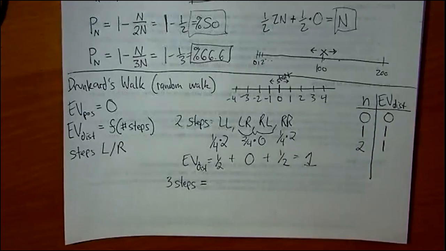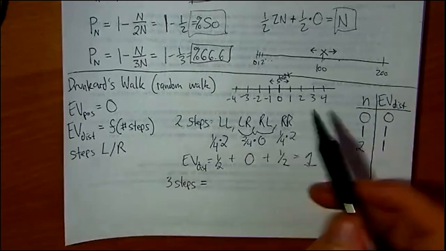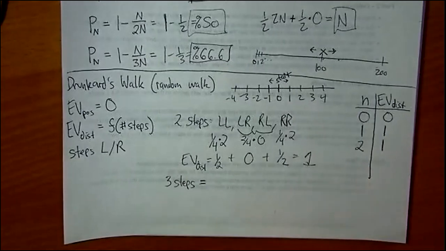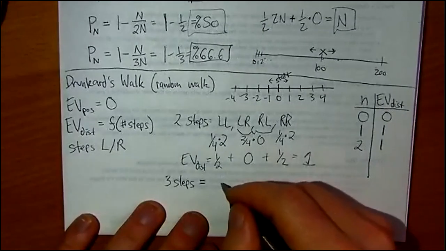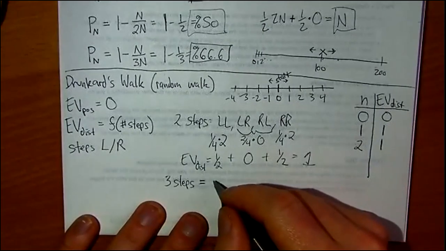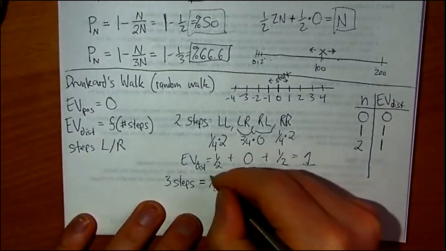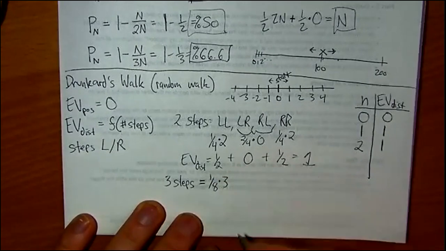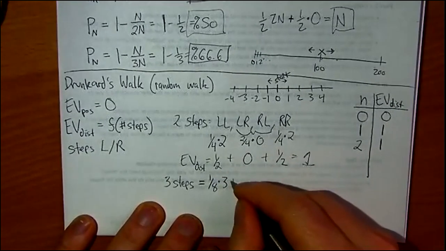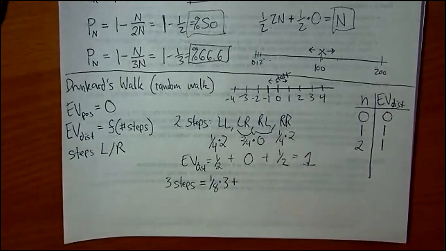Well, let's start out with going the furthest to the left. So in 3 steps, what's the furthest I could go left? -3. And what's the probability of that happening? 1 out of 8. So I have 1 out of 8 times 3 is 1 possibility. Okay. What else could happen?